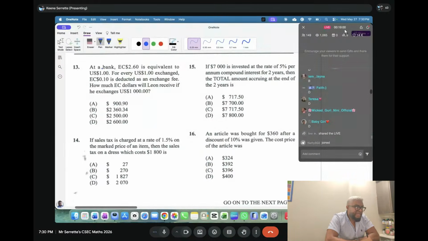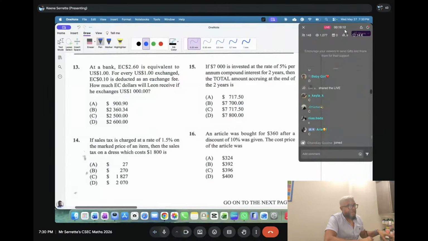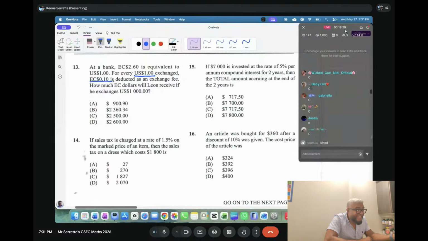So at a bank, EC $2.60 is equivalent to US $1. For every $1 exchanged, EC 10 cents is deducted as an exchange fee. How many EC dollars would Leon receive if he exchanges US $1,000? Look at this. They said for every US dollar, he gets EC 10 cents deducted.